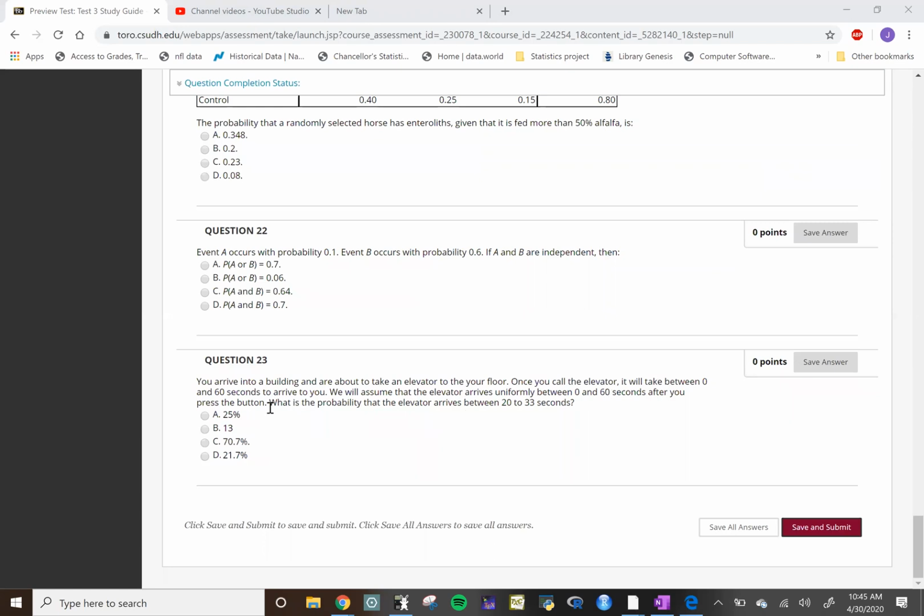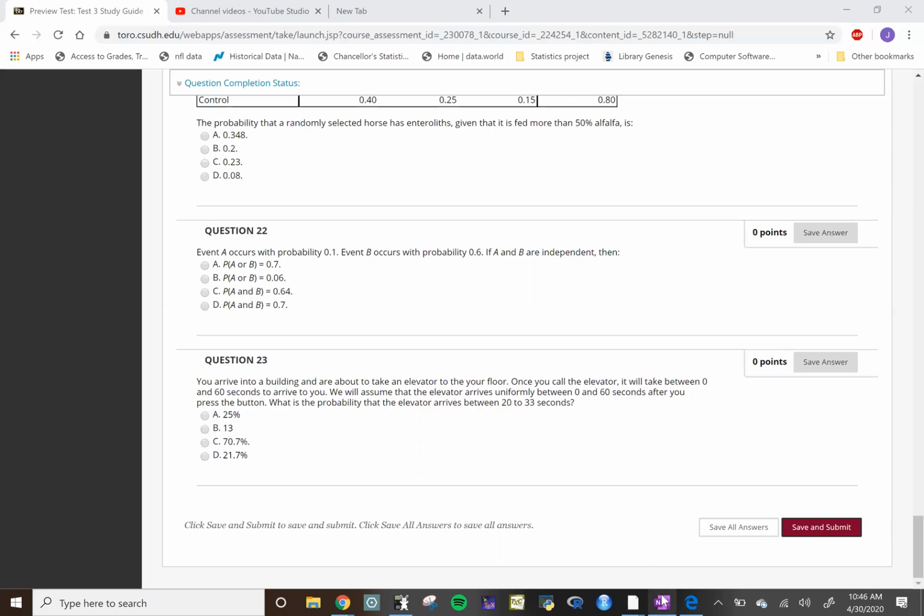After you press the button, what is the probability that the elevator arrives between 20 and 33 seconds? Since they tell you uniformly, that means all of these seconds are equally likely. So it's equally likely that it'll arrive between 0 to 1 second compared to 59 to 60 seconds. All of the spans of 1 second are equally likely to occur.